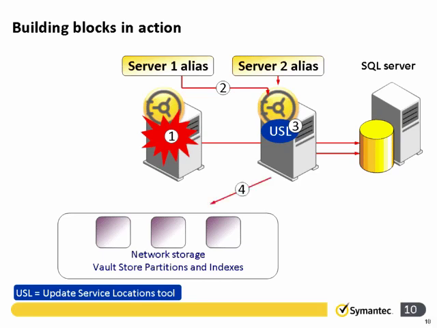Once I've done that, server 2 will have access to those network resources that server 1 was using, and as far as the system is concerned, I didn't lose the Enterprise Vault functionality.